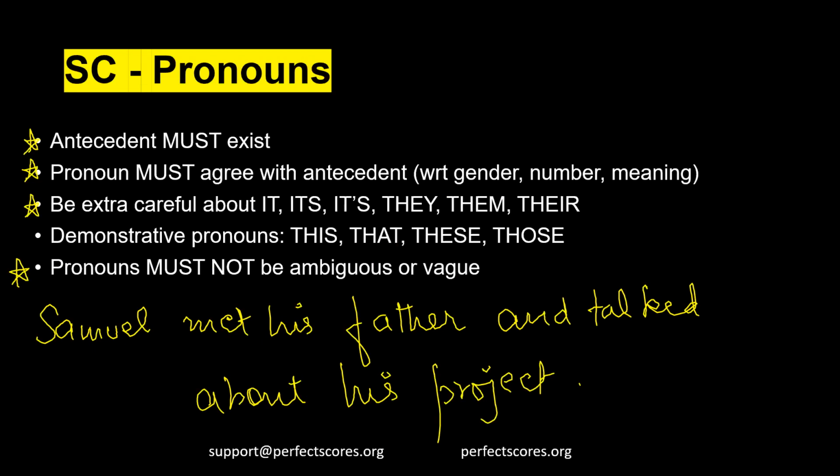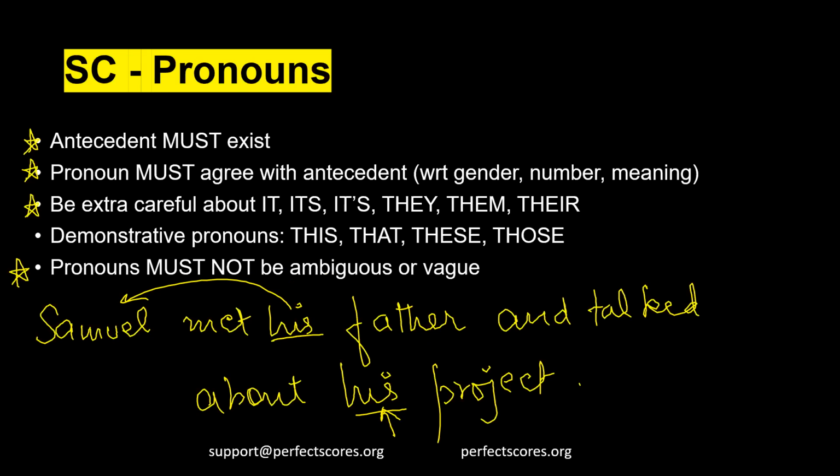Now, in this case, you have two pronouns. One is "his," the other is also "his." Now, this first "his" is quite clear. You're talking about the father of Samuel, so "his" is referring to Samuel. But the second "his," according to the meaning, this project can belong to Samuel as well as Samuel's father. So this "his" can technically work for Samuel and father both.